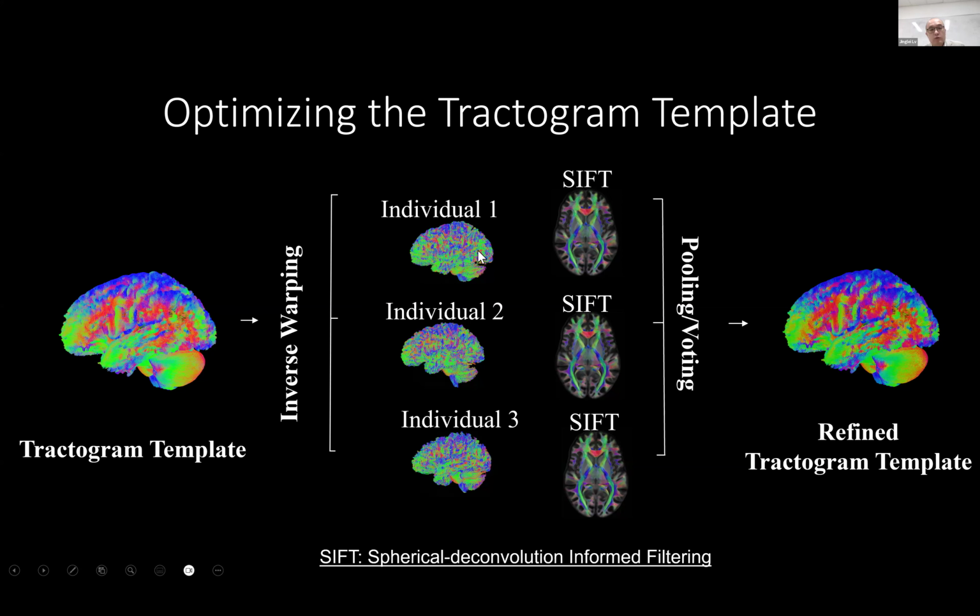In the end, we have a voting strategy to find the most commonly reliable fiber trackings. So we got the refined tractogram template. The filtering method is called the SIFT, spherical deconvolution informed filtering.